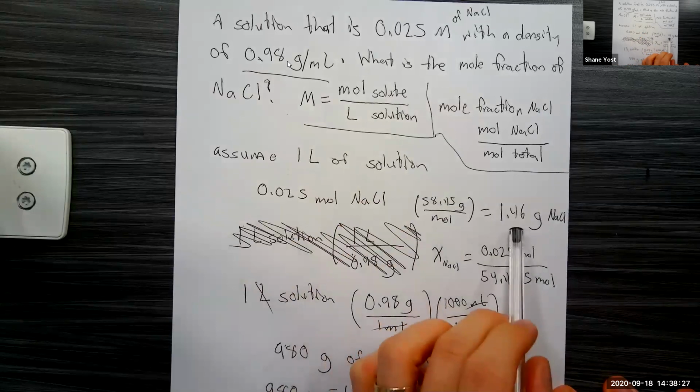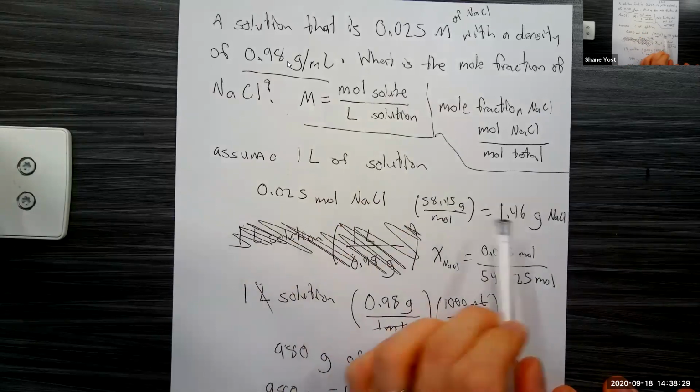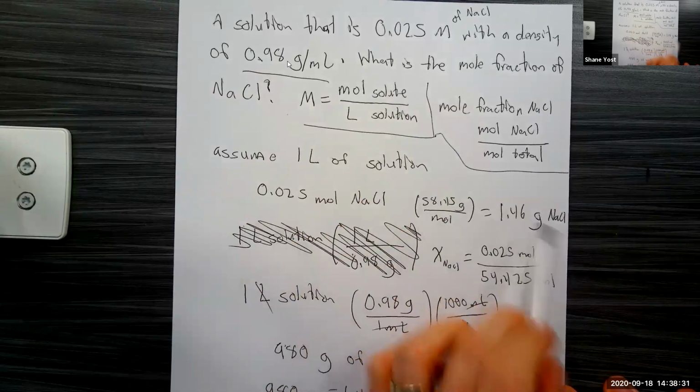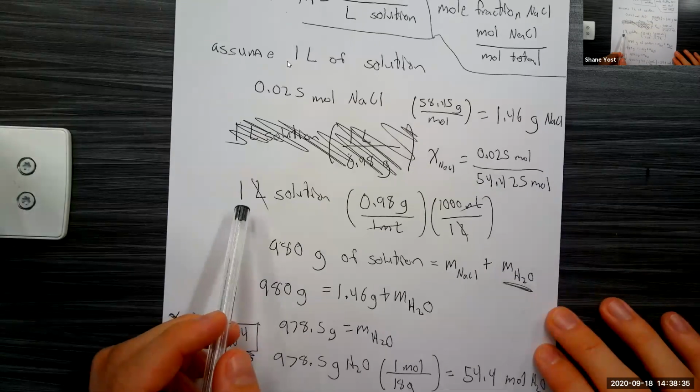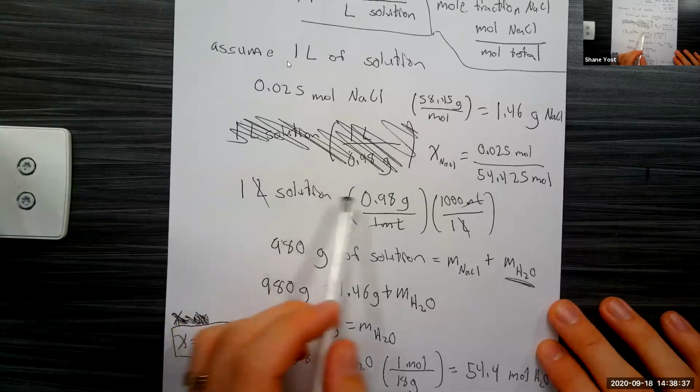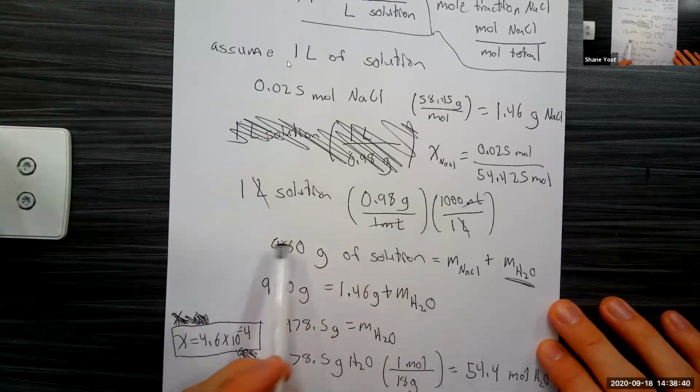I eventually needed to convert that to grams, so I used the molar mass to convert that to grams of sodium chloride. I then used the density to convert the volume of my solution to a total mass of solution. I then subtracted the mass of sodium chloride from that total mass to finally get the mass of water.